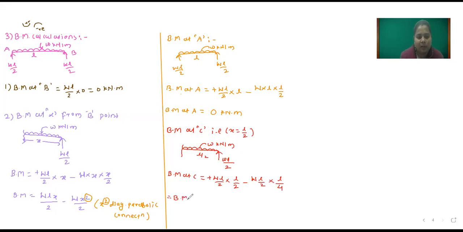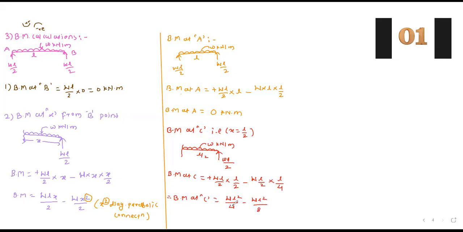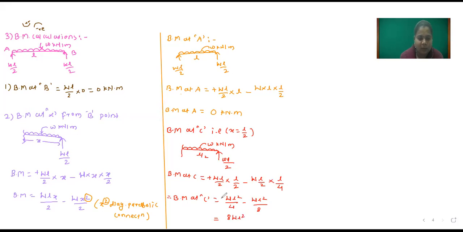Therefore, bending moment at C is equal to WL square by 4 minus WL square by 8. We have to make the same denominator, so we will multiply the first term by 2.